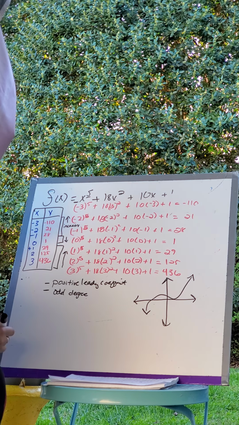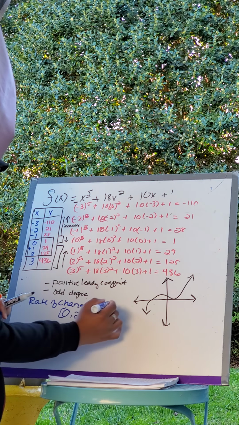So on section B, it talked about looking at this section right here specifically and finding the rate of change. Choose another color. Rate of change from 0 to 2. What does rate of change in that previous look like to you? Absolutely right. Yes, slope. Slope formula.